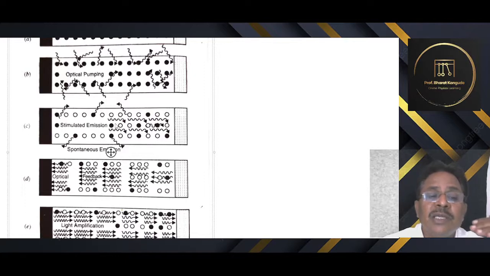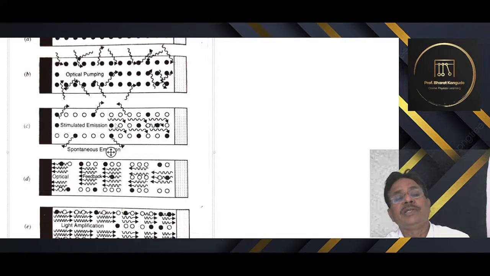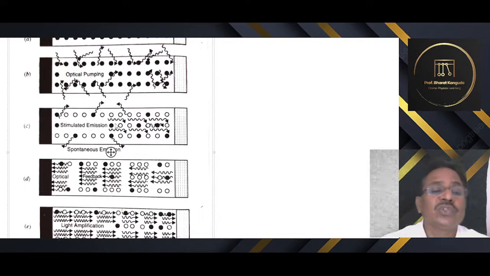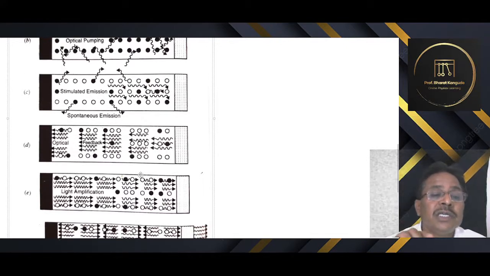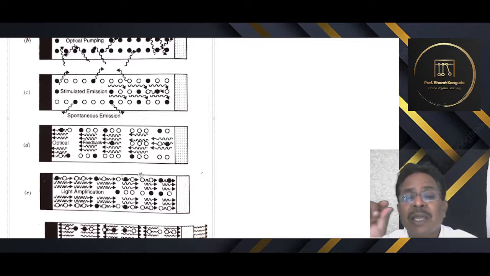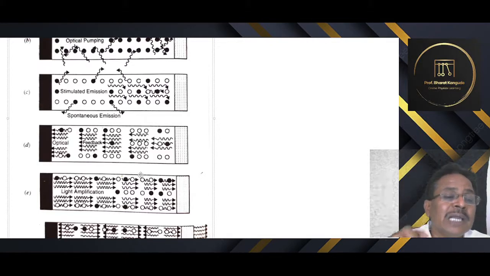Now stimulated emission will start, and these radiations come in a particular direction as shown in this case. Now when these stimulated emissions, having certain phase, certain frequency and certain energy, reach mirror M2 or this mirror OM, that is what diagram D shows you.